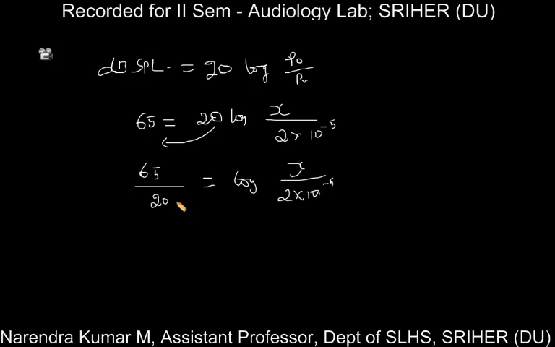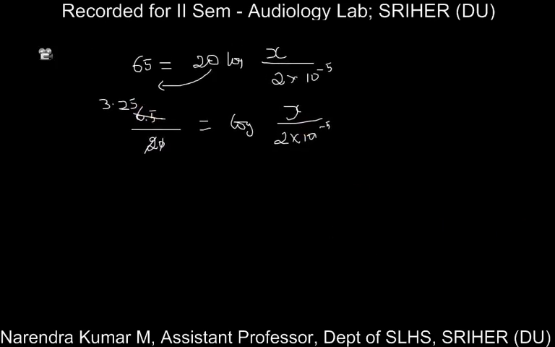Let us simplify this equation. It is going to be 3.25 is equal to log of X divided by 2 into 10 to the power minus 5.